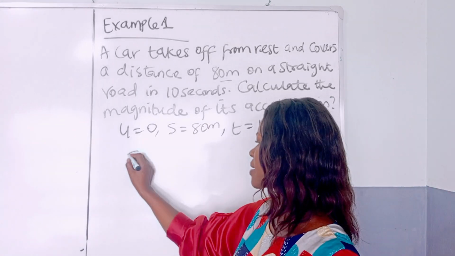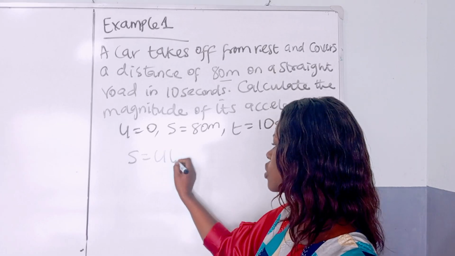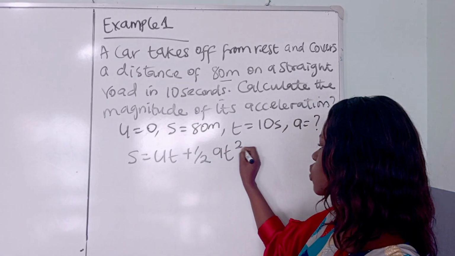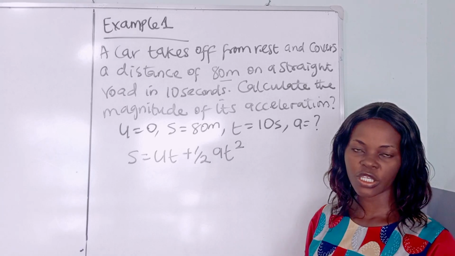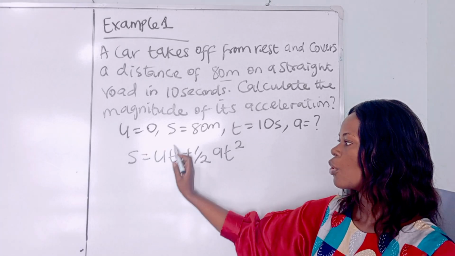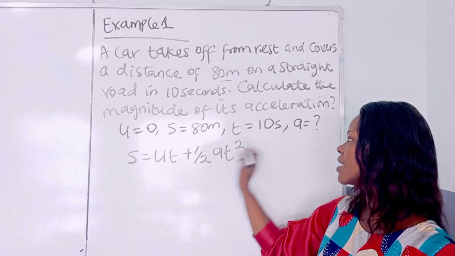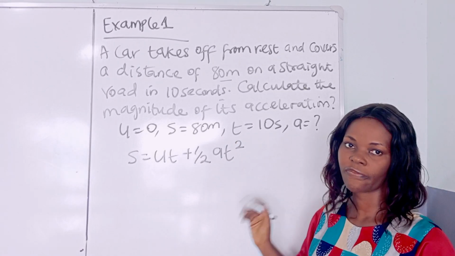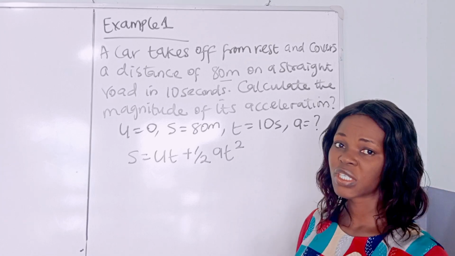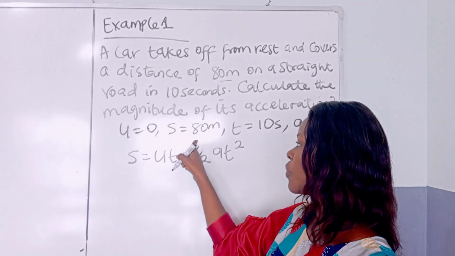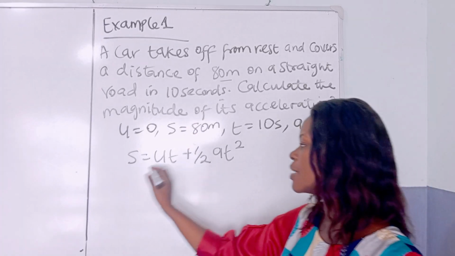This says that X is equal to UT plus half AT squared. I believe this particular equation has all the parameters we need. We have U, we have X, we have T, and we have A, which is what we are looking for. So this equation is fit for this question. So let's substitute in what we have to find the value of A. Alright, so we have that X is 80 meters.